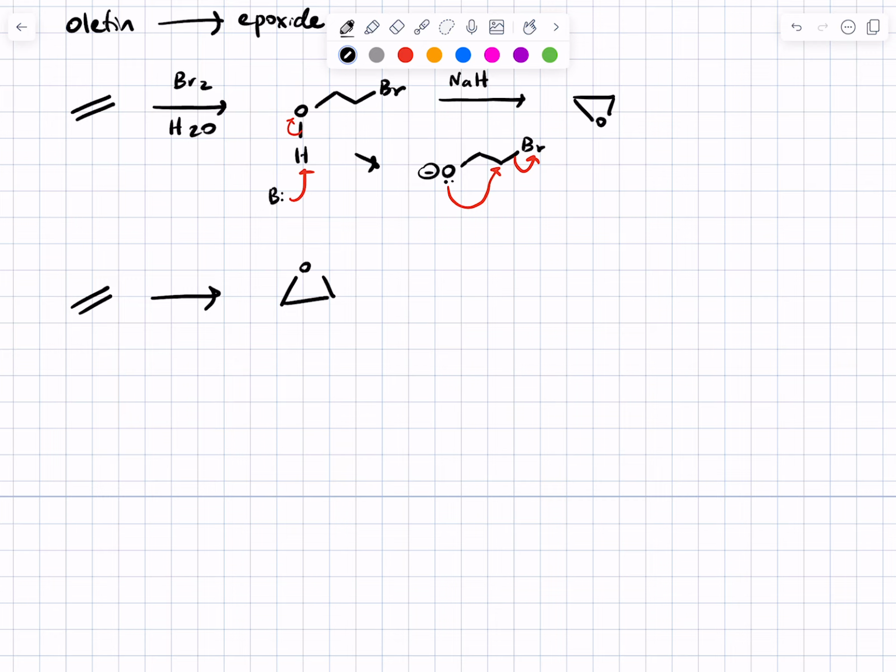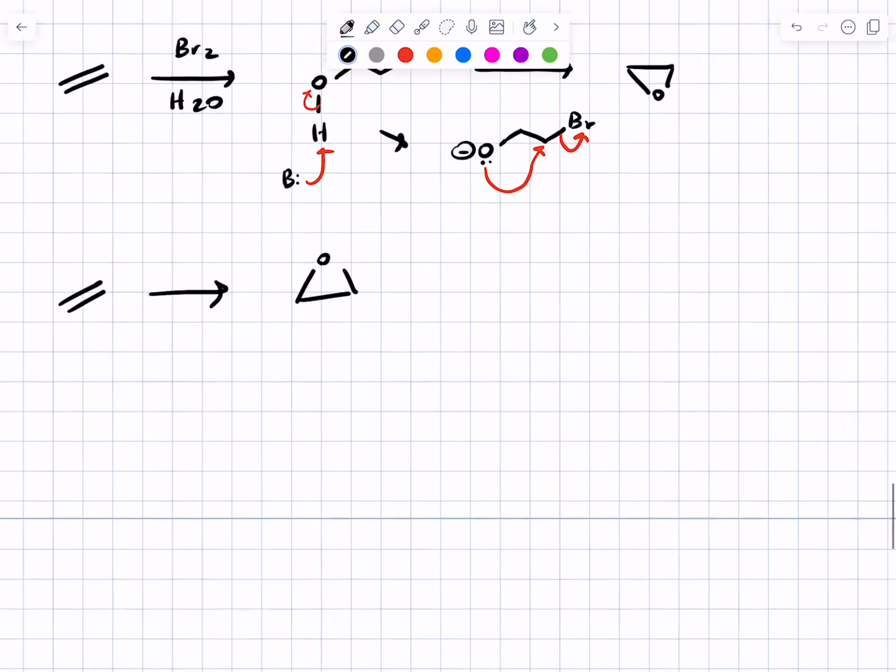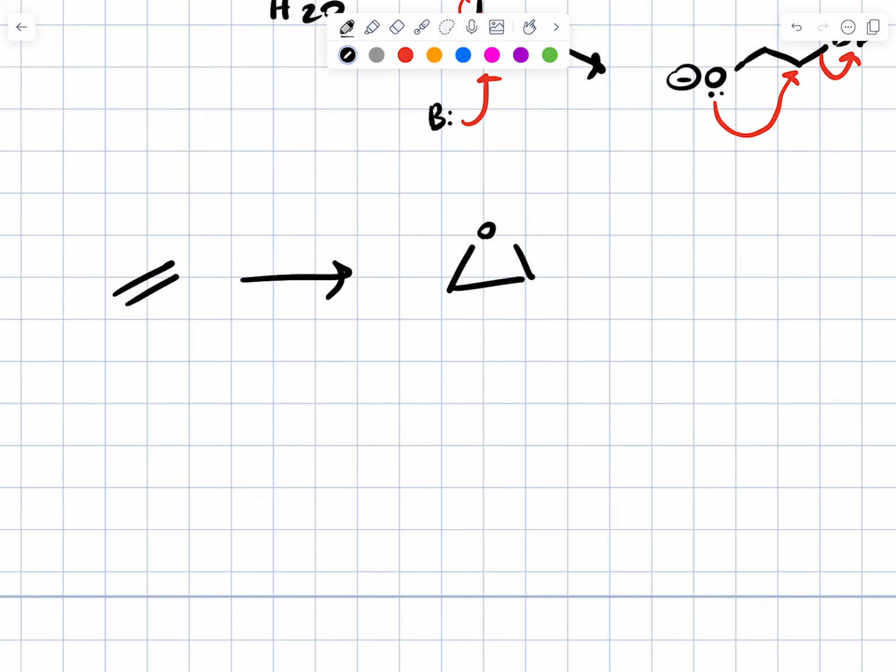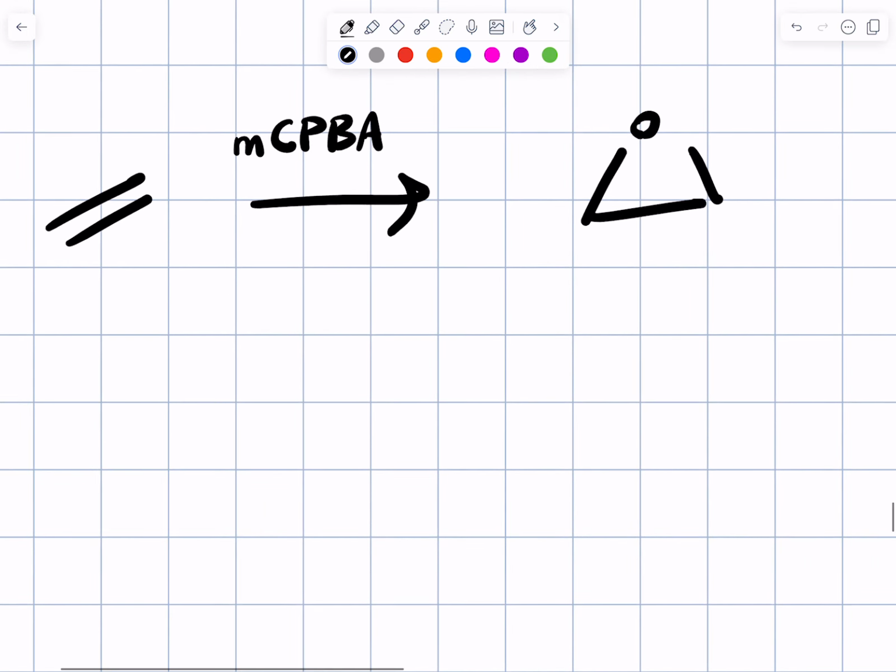This reagent has a complicated name, and so we will often refer to it by an acronym. Humans and their acronyms, it's kind of annoying, it's alphabet soup, but you'll see why we use the acronym when I write down the name of this reagent.